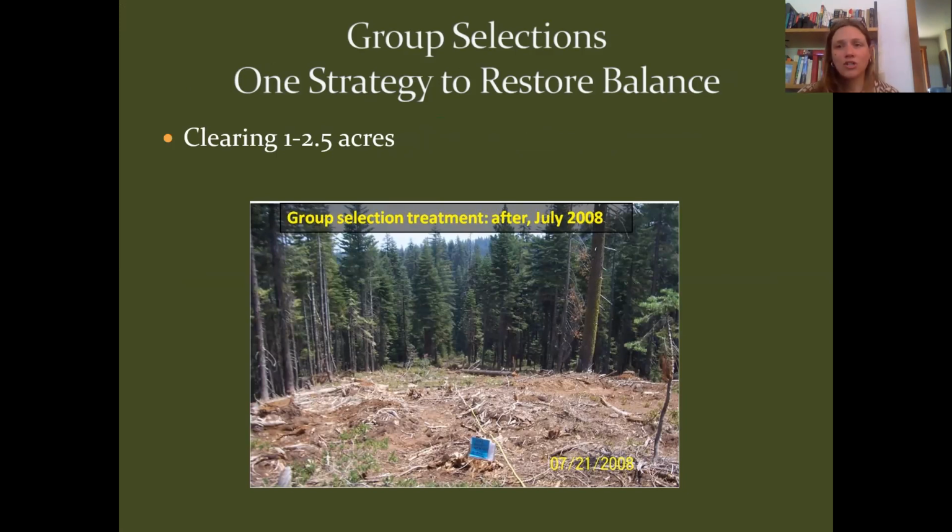And a group selection cut is much smaller than that. According to the California Forest Practice Rules, it can be up to 2.5 acres, but it's often smaller than that, like the size of an acre, which is about the size of a football field.